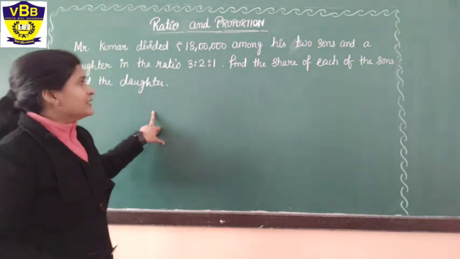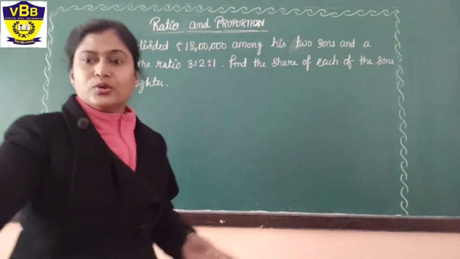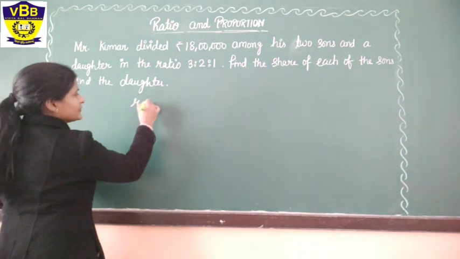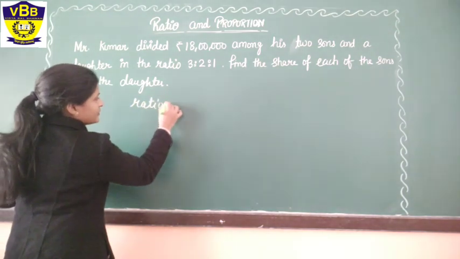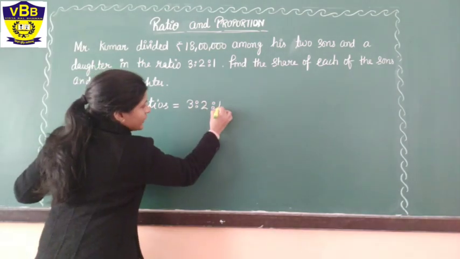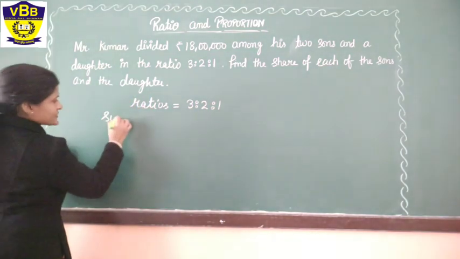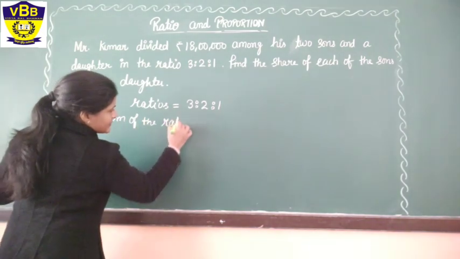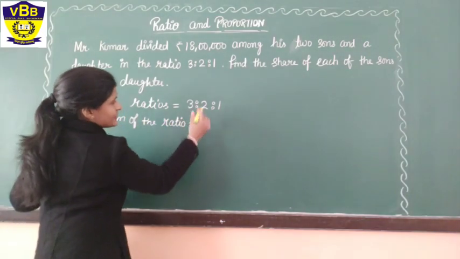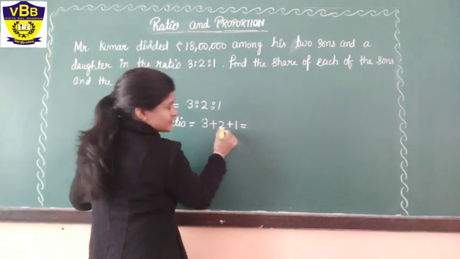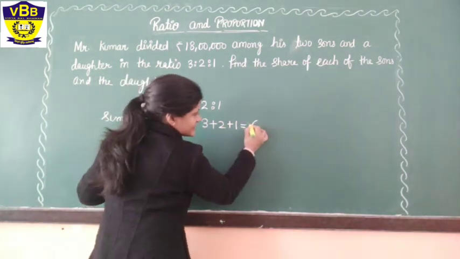To find the share, first the ratios are 3:2:1. Sum of the ratios is 3 plus 2 plus 1, it is 5 plus 1, it is 6.